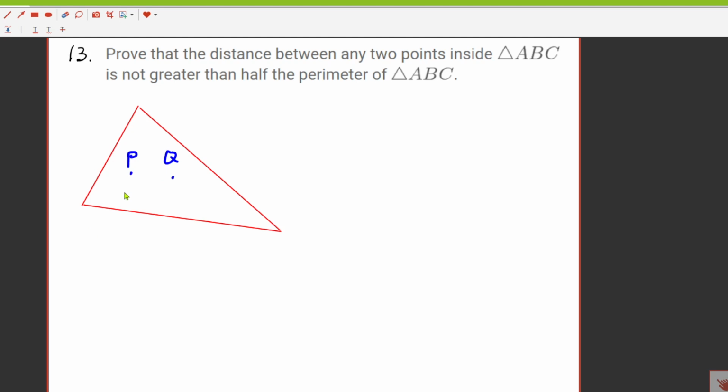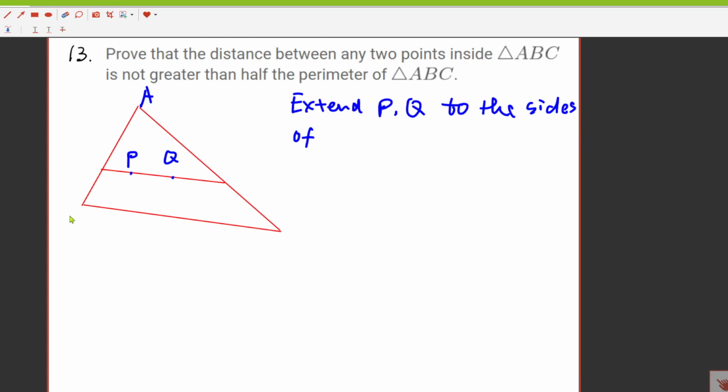Okay, so we can let P and Q be the 2 points inside the triangle, and actually we can extend PQ to the sides of triangle ABC at points. Let's call them P prime and Q prime here.